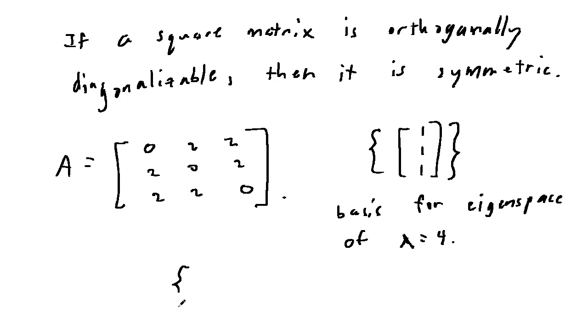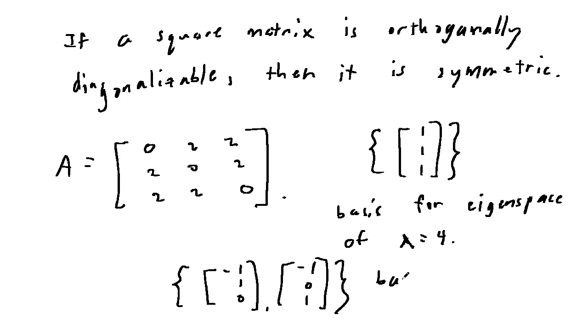And the set consisting of these two vectors forms a basis for the eigenspace of lambda equals -2.